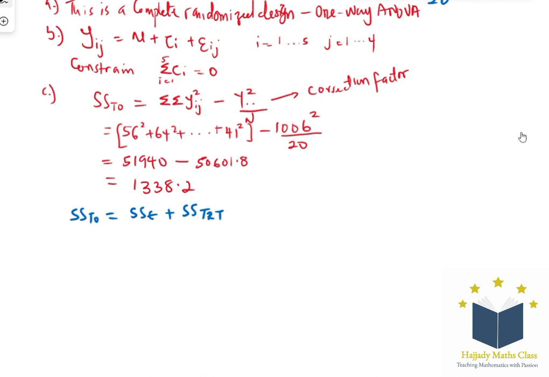So calculating my SS treatment, I'm going to use two formulas here. The first formula is the double summation of y_i dot bar minus the grand mean, squared. So using this formula, we're going to have y_i dot minus y dot dot.